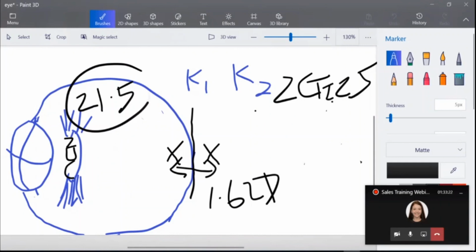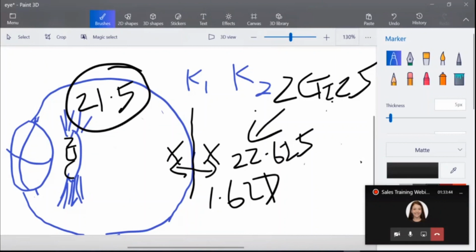So for a 21.5 diopter lens, that is equal to a lens that is 22.625 on one axis, and on the other axis it is 20.375 diopters.